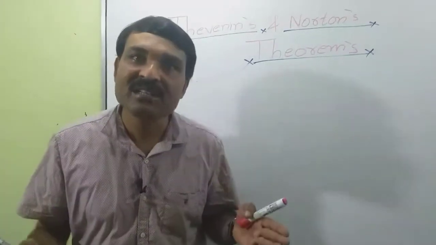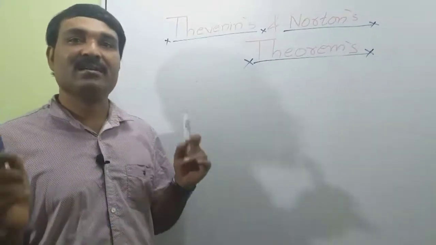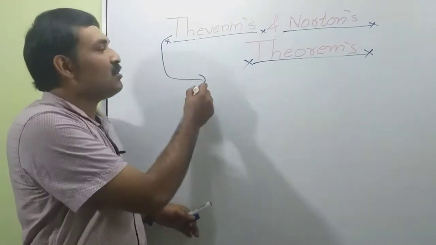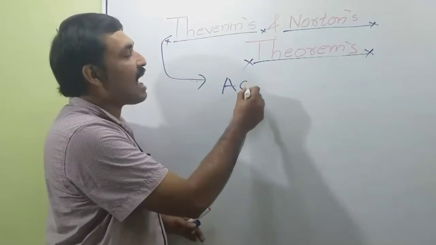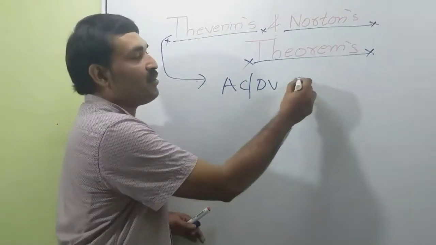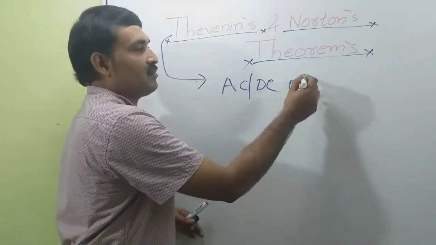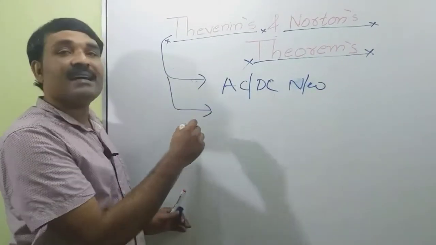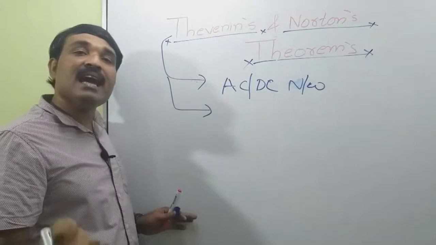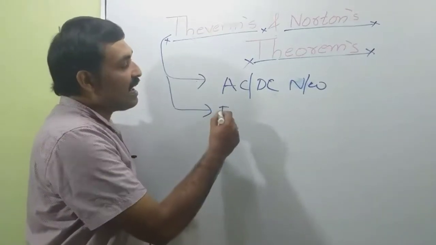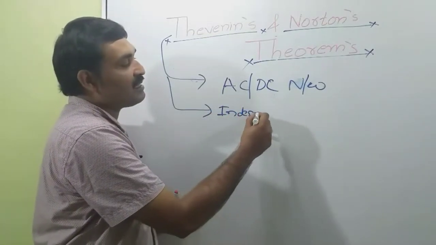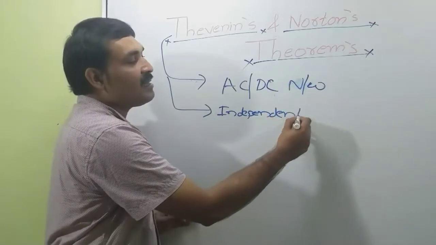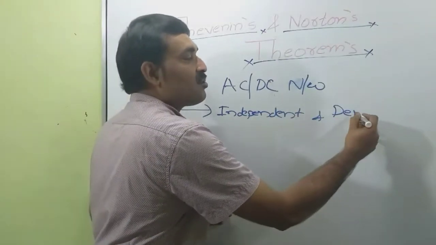Now we can state Thevenin's theorem and Norton's theorem. This theorem is applicable to both AC and DC networks, and the circuit may consist of independent and dependent sources.